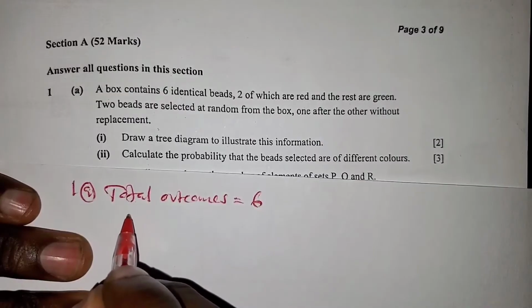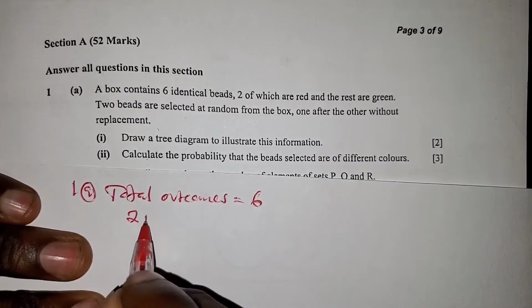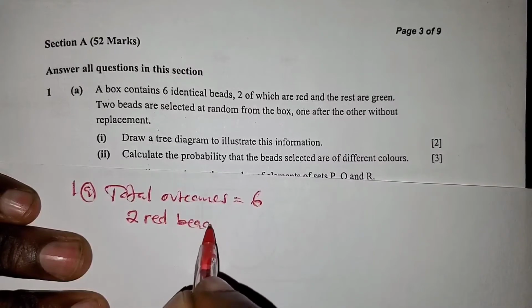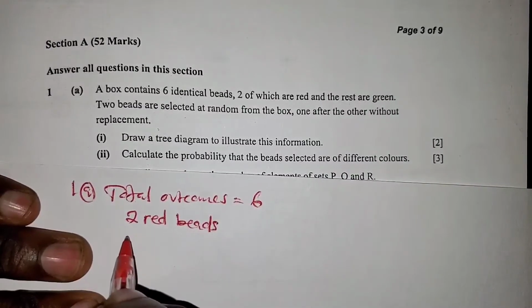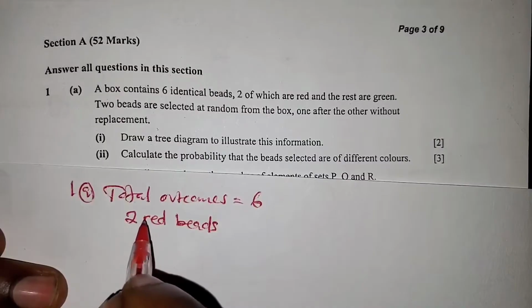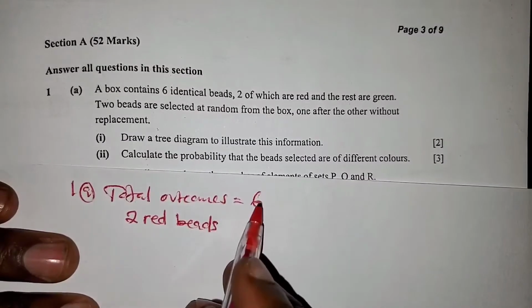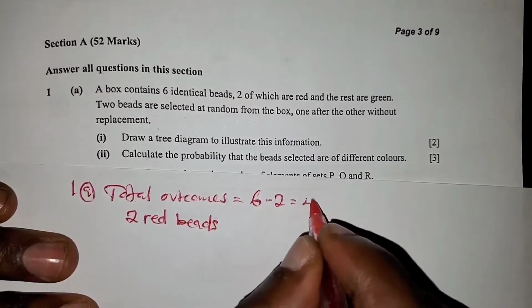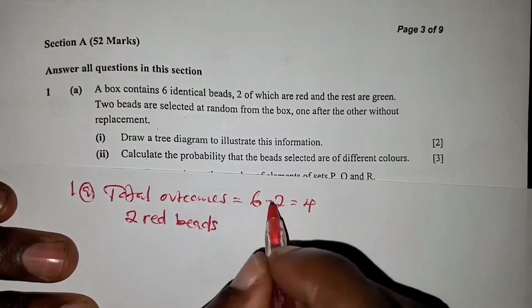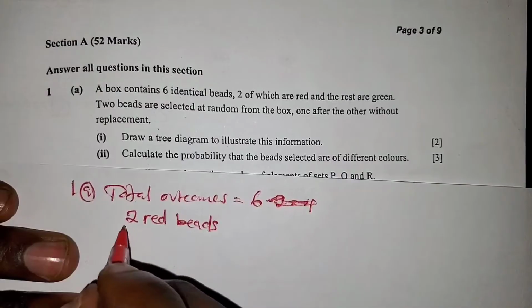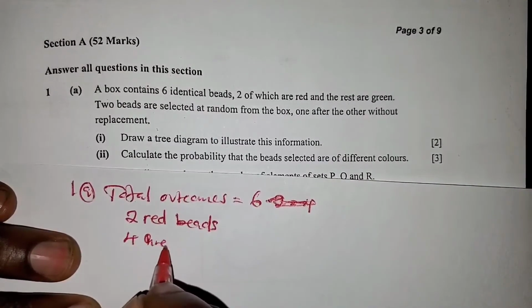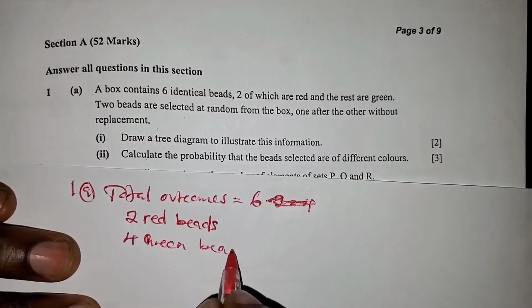If you have two red beads, then how many are green? It will be 6 minus 2, which will give us 4 green beads.